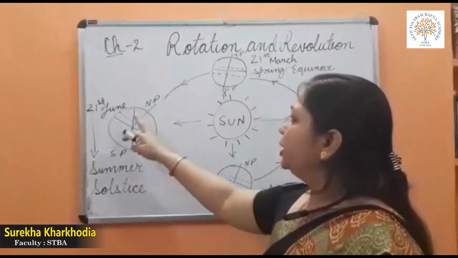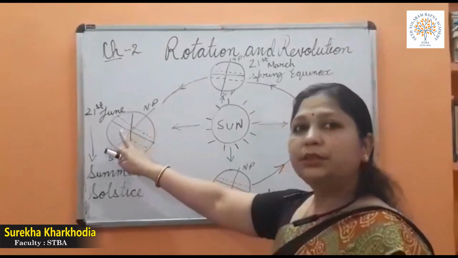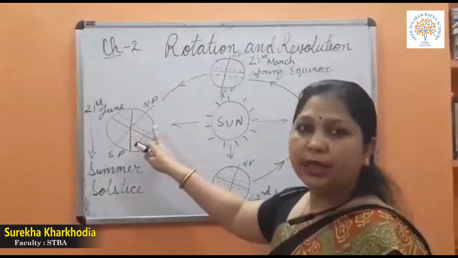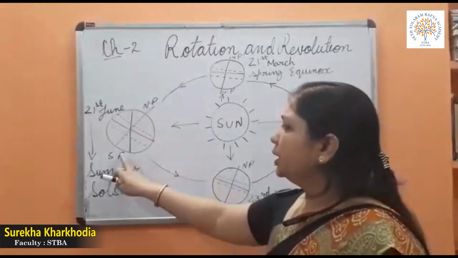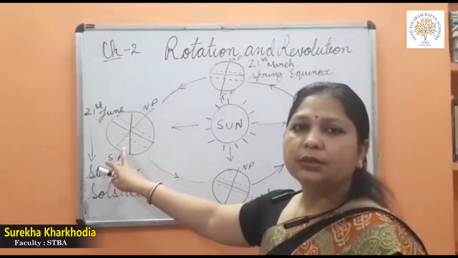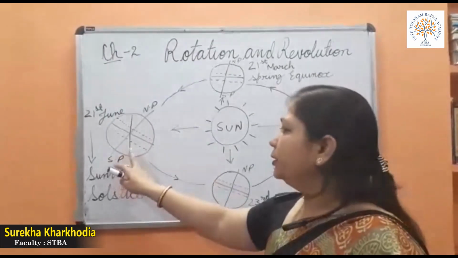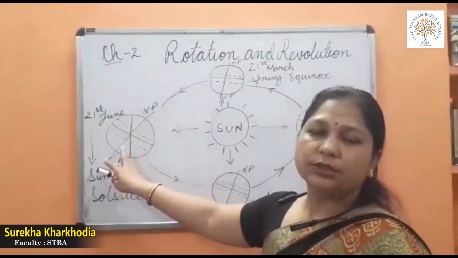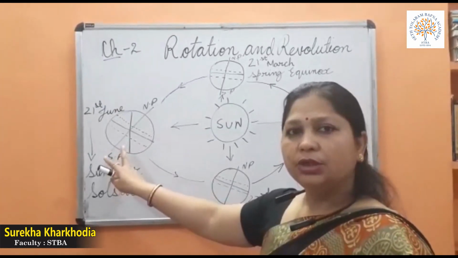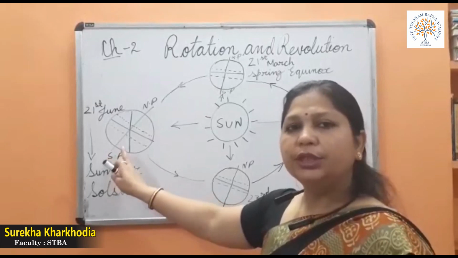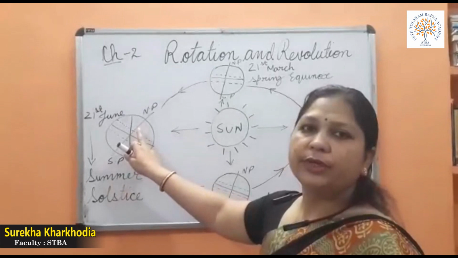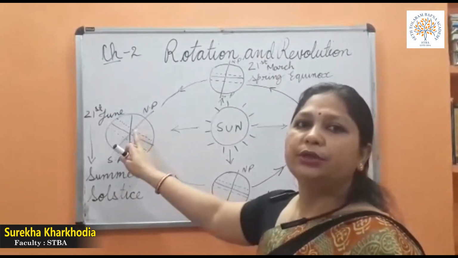So 21st June is considered the longest day in summer season in the northern hemisphere, whereas in the southern hemisphere, it is the shortest day, and the southern hemisphere is facing winter season.